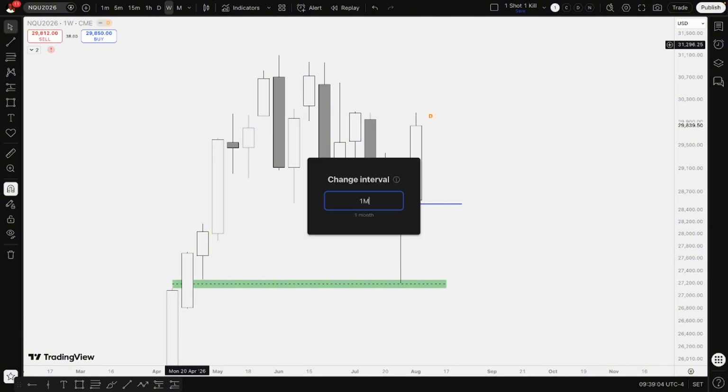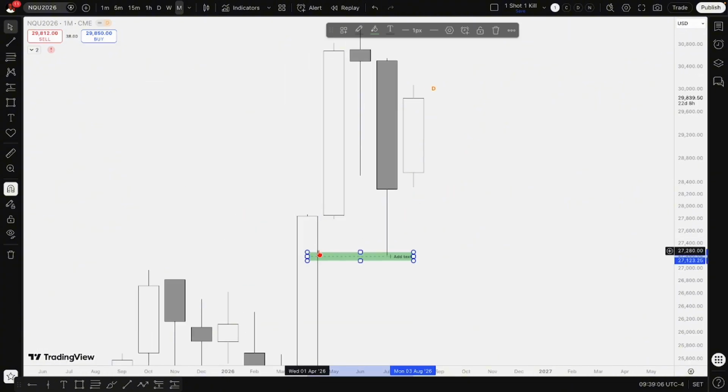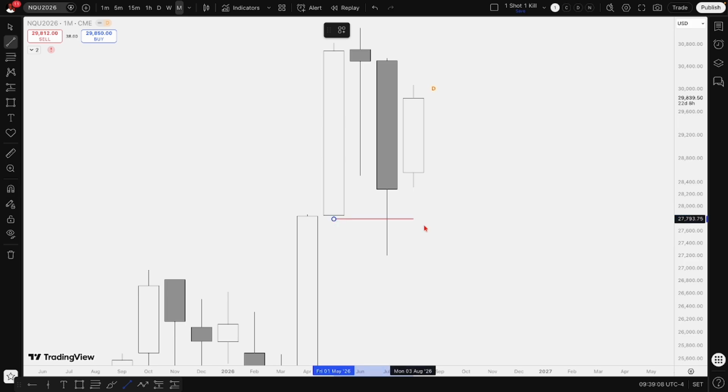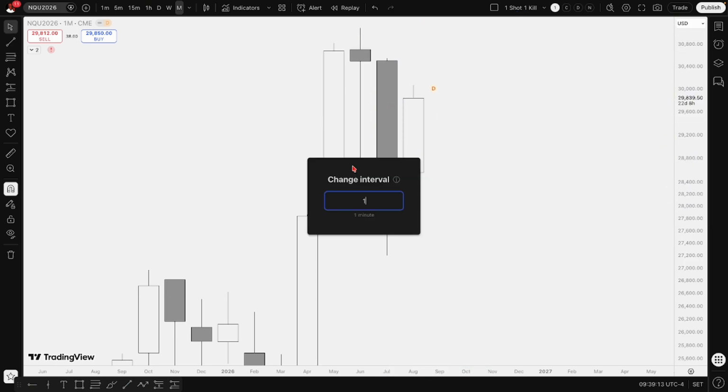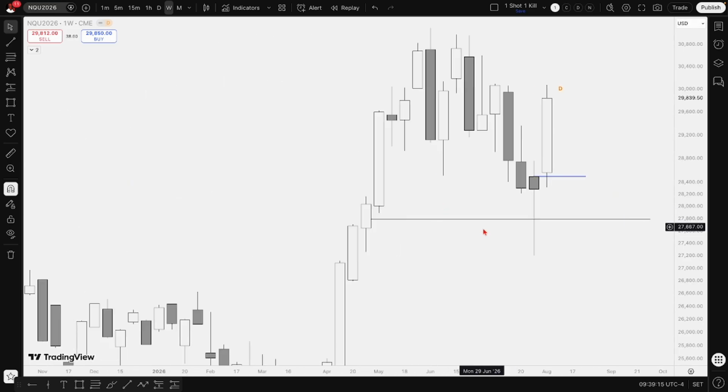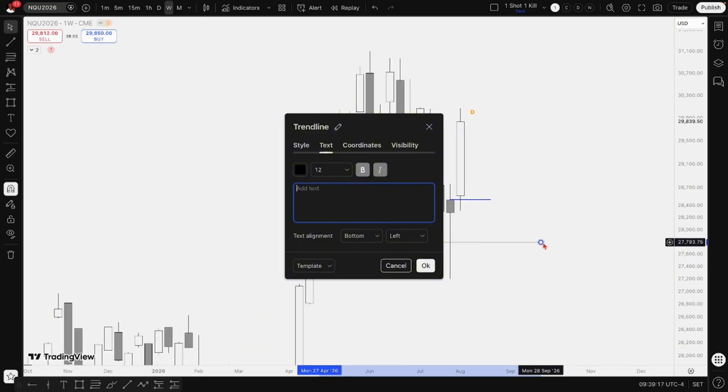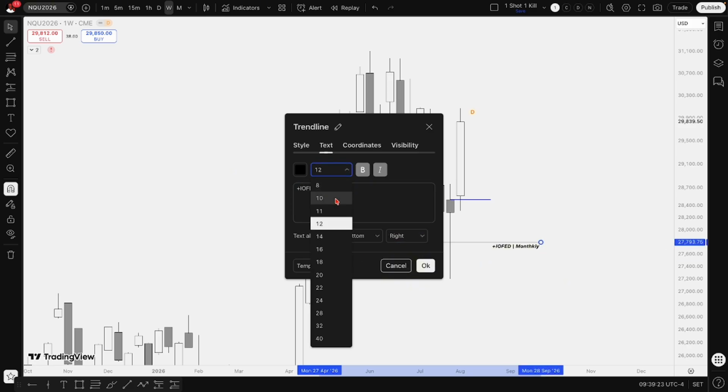And if I go to the monthly, you can see that we've basically had an institutional order flow entry drill. So on the weekly, see it. So that is institutional order flow entry drill on monthly. I'll make the text a little smaller.